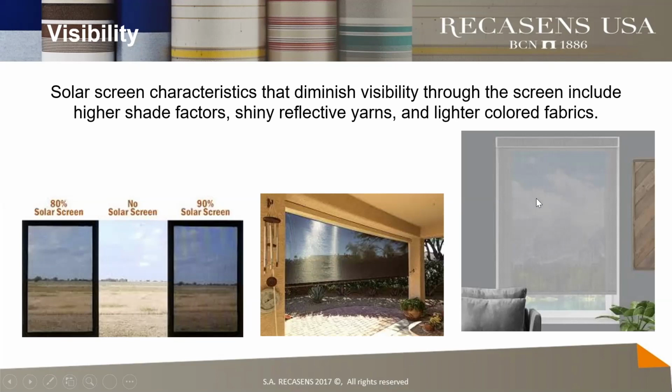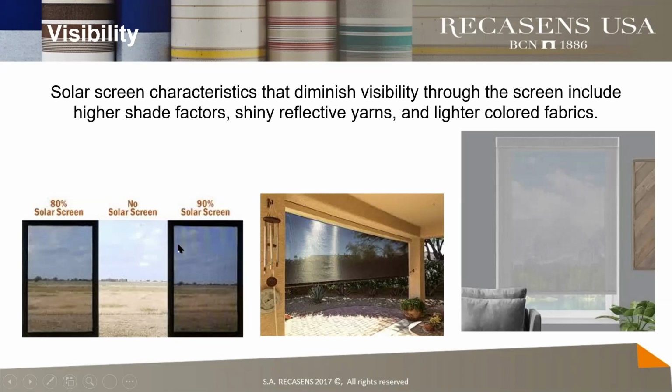And then if you go with a lighter color as opposed to a darker color, the eye draws itself to the lightness of the fabric and has a very difficult time seeing through it to the outdoors. So even though a light fabric and a dark fabric might have the same shade factor, the visibility outdoors is going to be far better with a darker fabric.